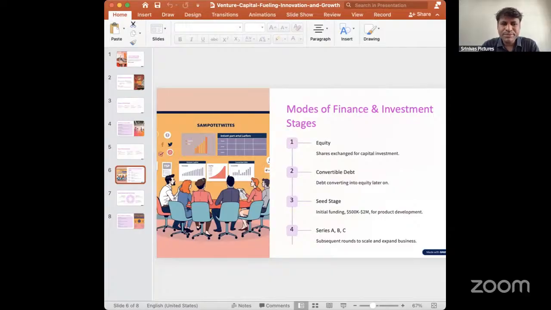Startup. What is the meaning of startup? Startup is the second stage of investment. The funding is required for the making and marketing of the desired and designed product. So whatever idea we developed in stage one, to do the marketing, whatever funds we require, that is the startup stage.